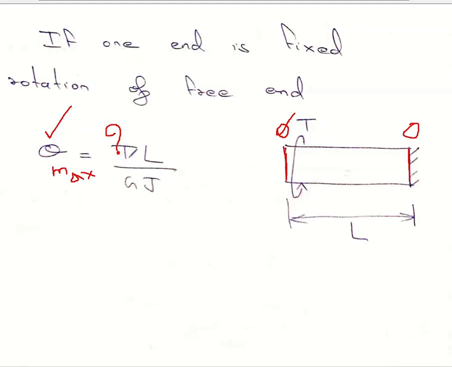Or else the T value will be given: the twisting moment this much is applied, length is this much, and G and J values are given. If T is given, you will be asked to find the value of theta, the maximum rotation. This way also questions can be asked. Thank you.